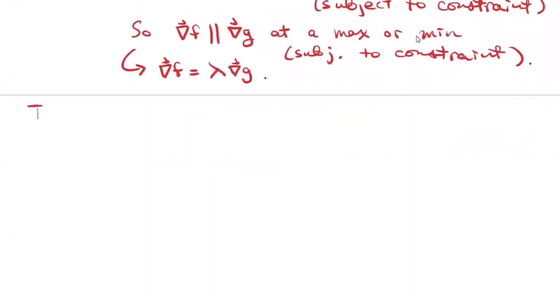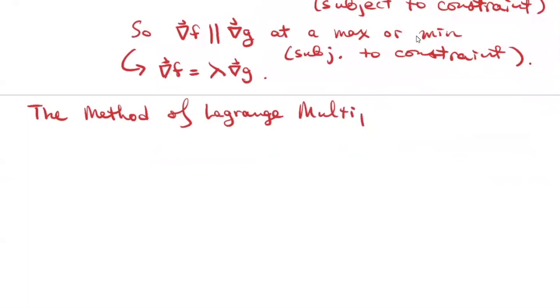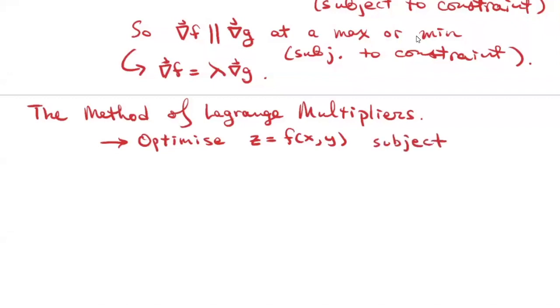So here's the method of Lagrange multipliers. You're trying to optimize z equals f of x, y, subject to the constraint g of x, y equals c.